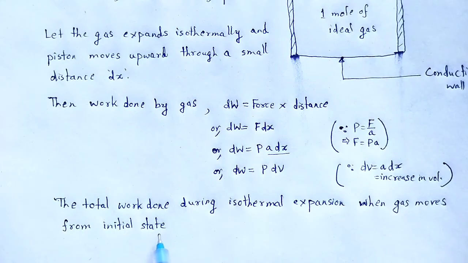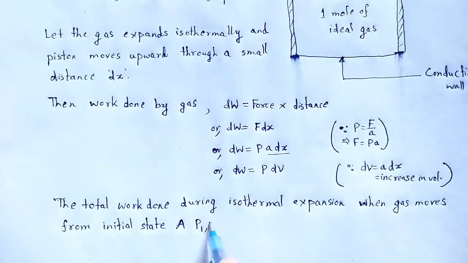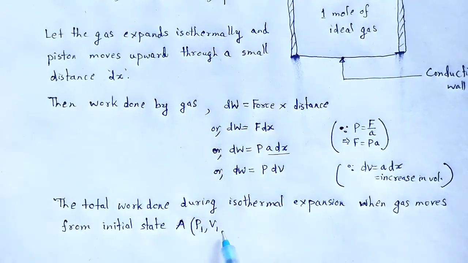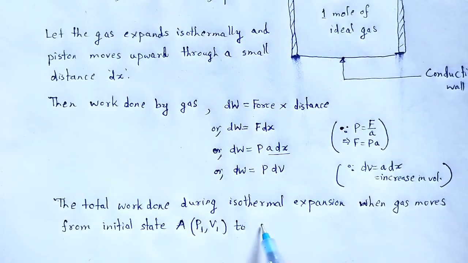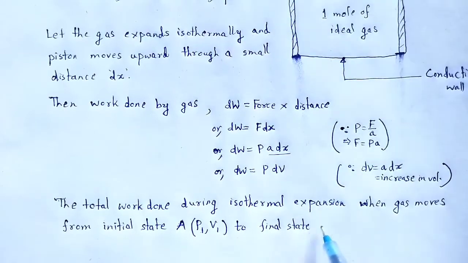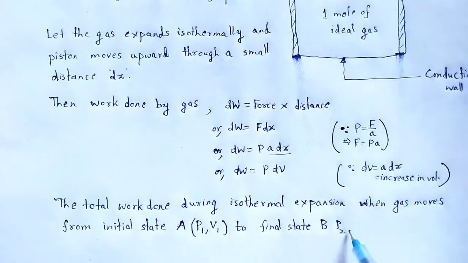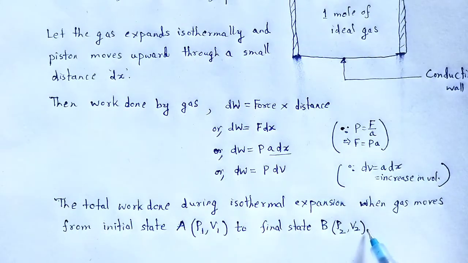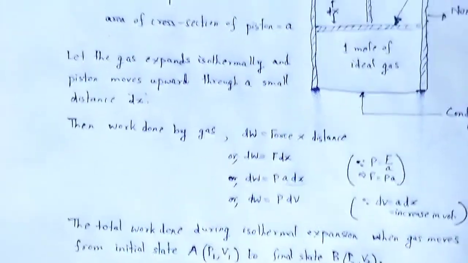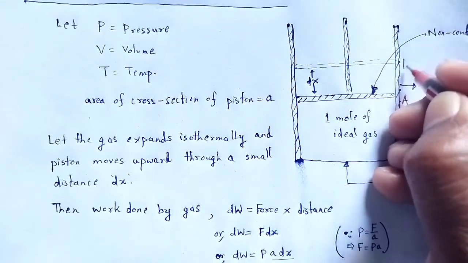let the initial state be at point A, where the pressure is P1 and volume is V1, to the final state, let that final state be point B, where the pressure changes to P2 and volume changes to V2. Here A is the initial point and B the final point.